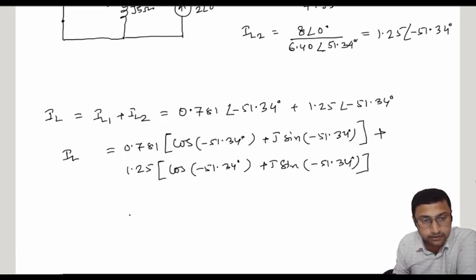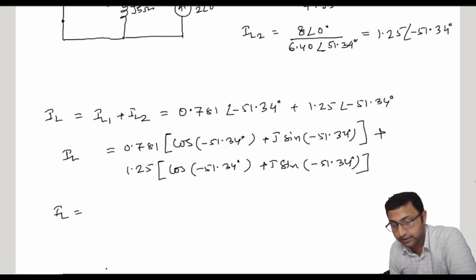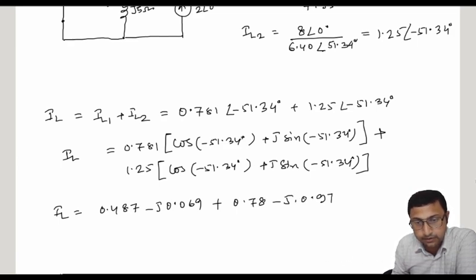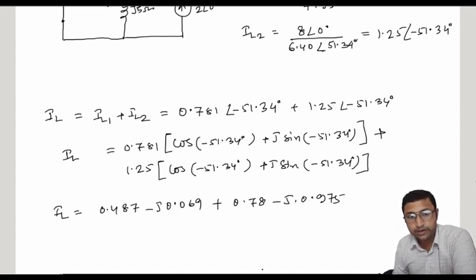So after converting this, for the IL1, if we simply multiply the value with 0.781, it will show 0.487 minus J 0.069 for the IL1, and for IL2 it is 0.78 minus J 0.975. Okay, so now we can add these two values IL1 and IL2 because they are now in Cartesian form.